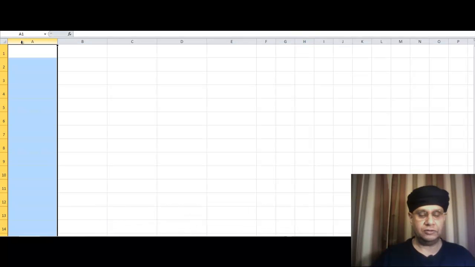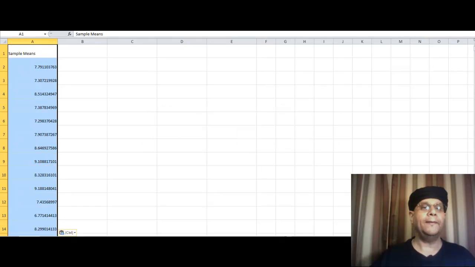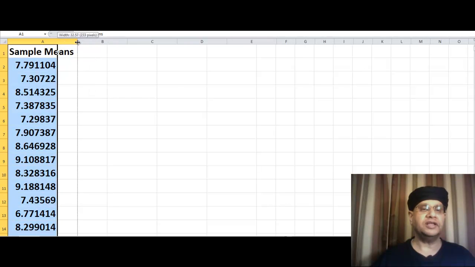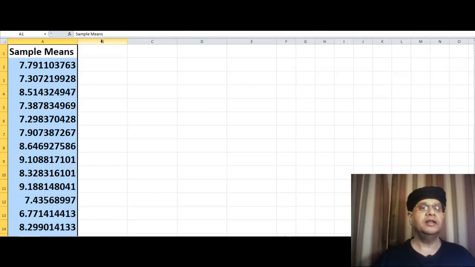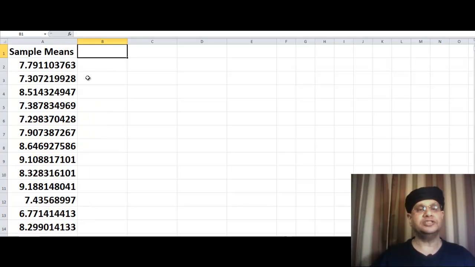All right. So here we are. Let me increase the font size and embolden it so that we can see it a little better. So these are the sample means.